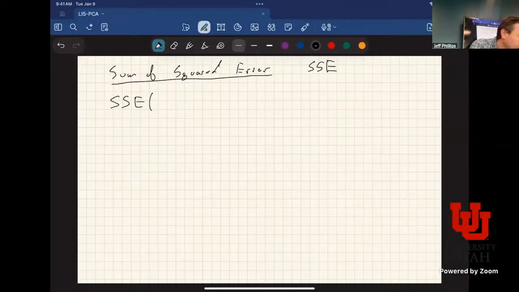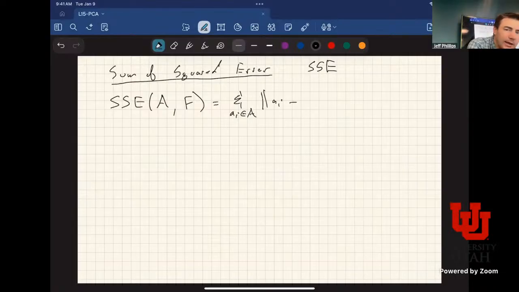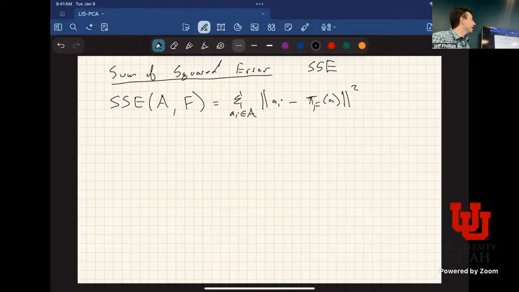Here, between A and the subspace F, I would like to look at the sum of the squared errors over each a_i in A, between a_i minus the projection. I want to minimize the sum of the squared errors, which is the distance from each point A to its projected point. The fact that they're both in R^d allows me to take a difference of vectors, take the norm, and square it.